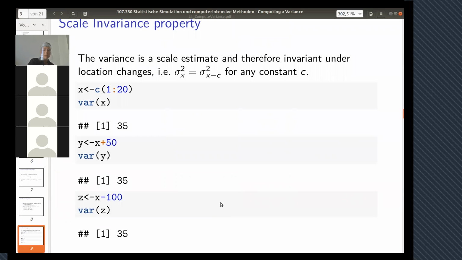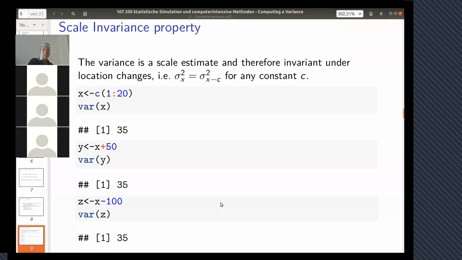And then let's talk about the concept of scale invariance. There's the property of scale invariance, which means it doesn't matter if I use a different center reference point for calculating the deviation from a certain center.